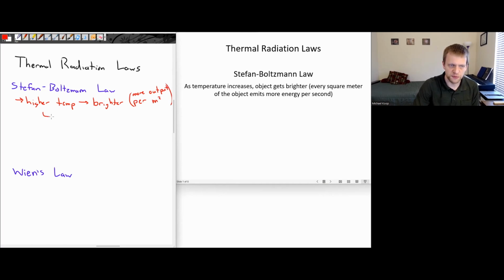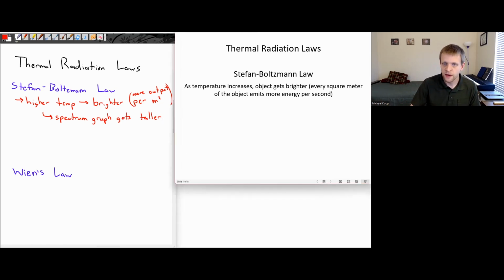And this also corresponds with that graph, that spectrum that we looked at: the spectrum graph gets taller. And again, in the demo where I was showing the heating element of the toaster oven, we could see that as the temperature was increasing, it was getting just brighter overall. This is the Stefan-Boltzmann law.